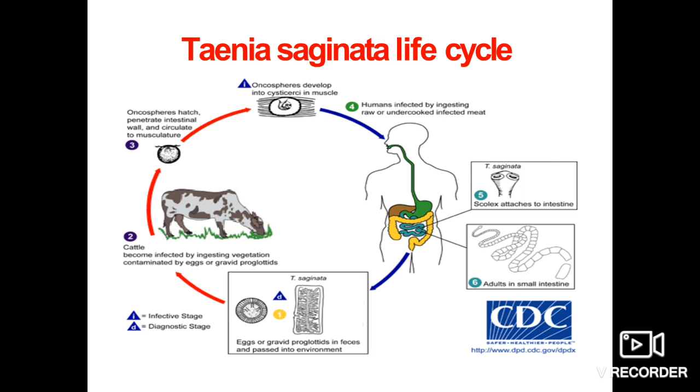With their hooks, they attach to the intestinal wall similarly and penetrate into the mucosa and blood vessels. These are all similar steps to Taenia solium. So this is about the life cycle.